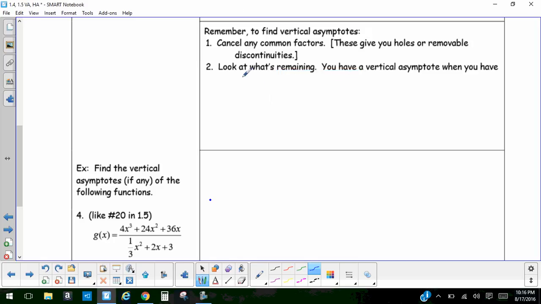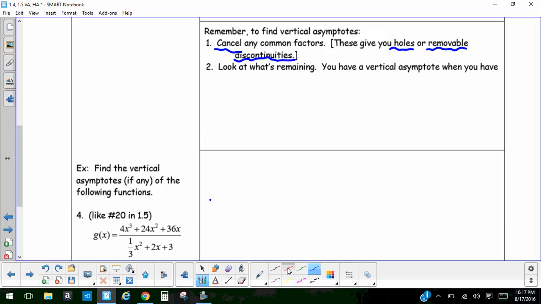All right, so if you have to find vertical asymptotes with algebra, this is a review of what you did in Algebra 2 and Math Analysis. We cancel anything that's in common first, and that canceling gives us a hole. We will see early next week that this is called a removable discontinuity.